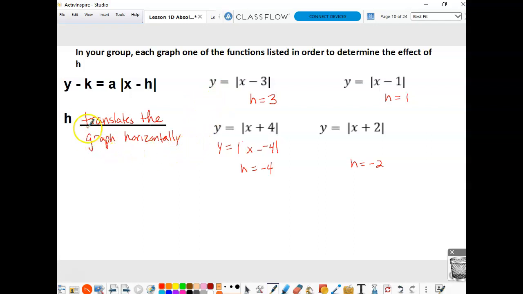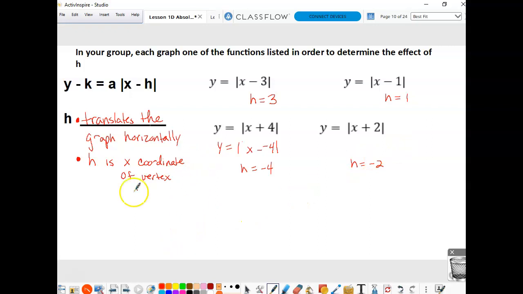So the other thing we can say, that's number one, the other thing we're actually going to be able to say as well is that h is the x coordinate of the vertex, or that minimum or maximum point basically.